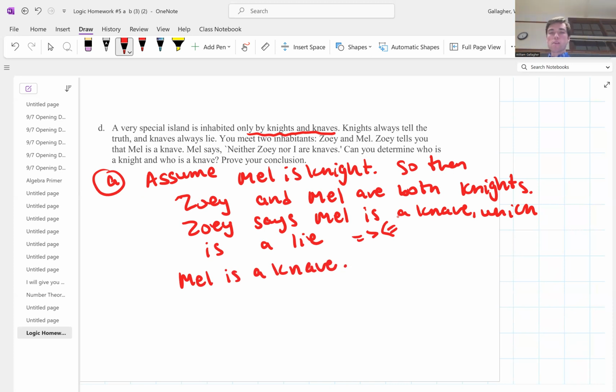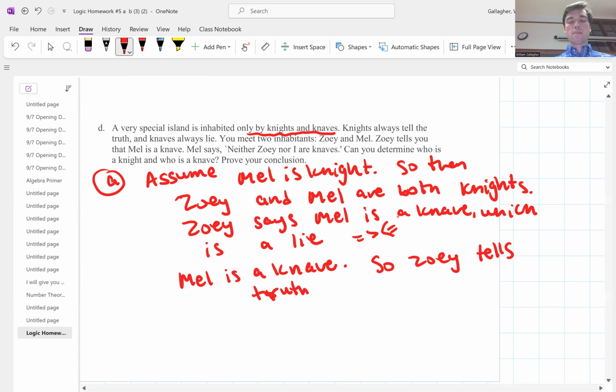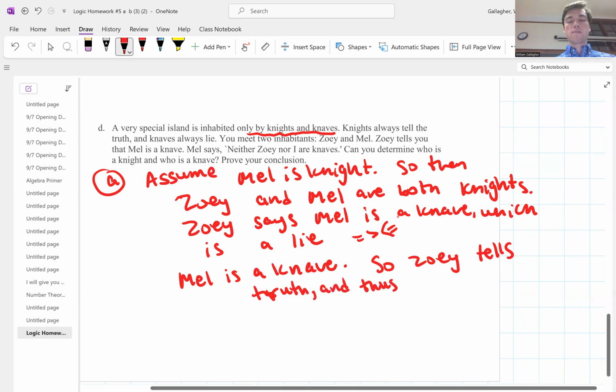Okay, and now, instead of looking at Mel's statement, look at Zoe's statement. So Zoe says that Mel is a knave. So Zoe tells the truth, and thus Zoe is a knight.